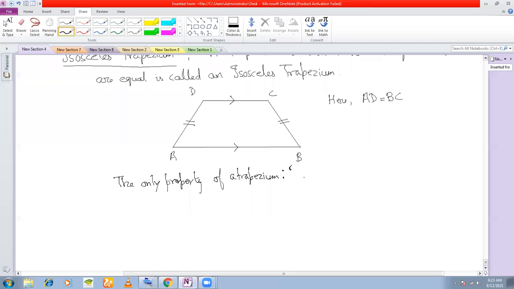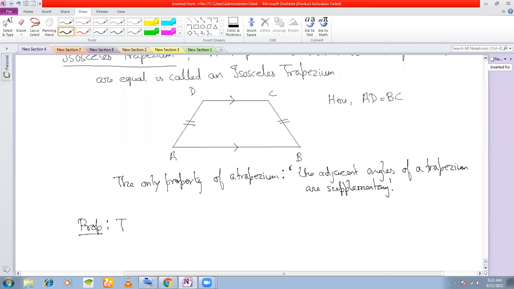That the adjacent angles of a trapezium are supplementary. So this property will definitely hold. The special, additional property of an isosceles trapezium is that the base angles of an isosceles trapezium are equal.